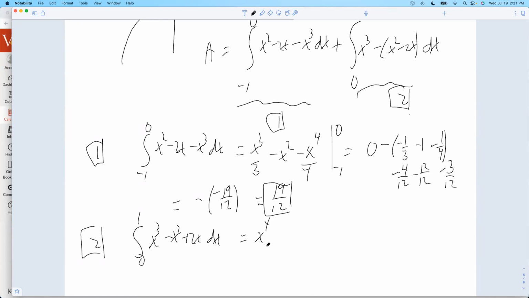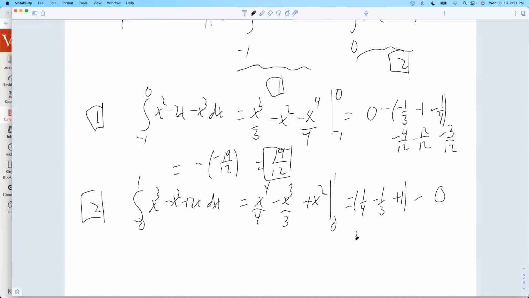We're going to get x to the 4th over 4 minus x cubed over 3 plus x squared, evaluated from 0 to 1. Plugging in 1 for everybody, I'm going to get 1/4 minus 1/3 plus 1, minus, and when I plug in a 0 for everybody, I get 0.